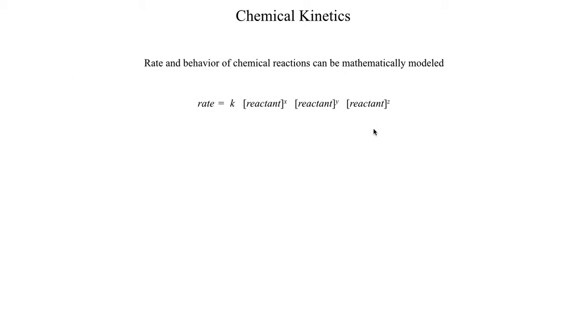One mathematical expression that we're going to be primarily working with during the course of this lecture is the one that you see on the screen here, where the rate of a chemical reaction is equal to a constant, and in fact this specific term is referred to as the rate constant, this lowercase k, times the concentration of one reactant to the power of its reaction coefficient, and we'll see an example of that a little bit later on, times the concentration of another reactant, again raised to the power of the coefficient that appears in front of it in the chemical formula, and then you just continue that out for however many reactants are involved.